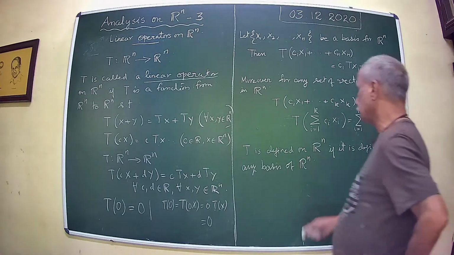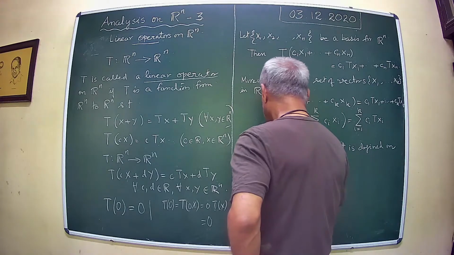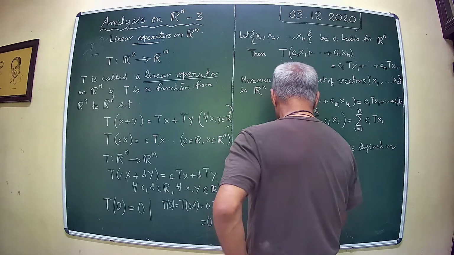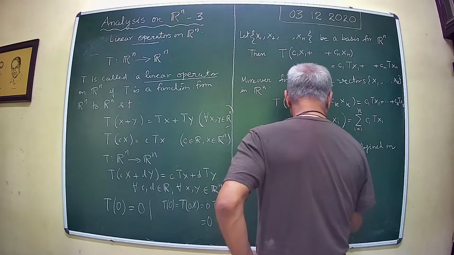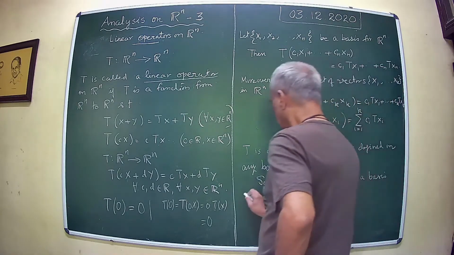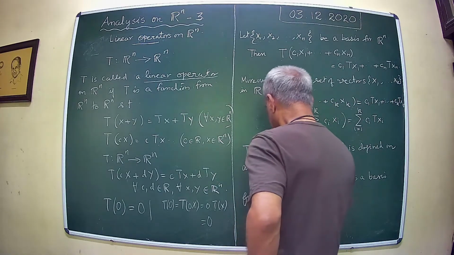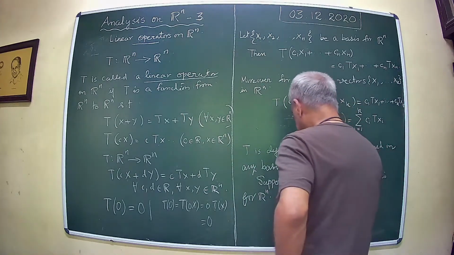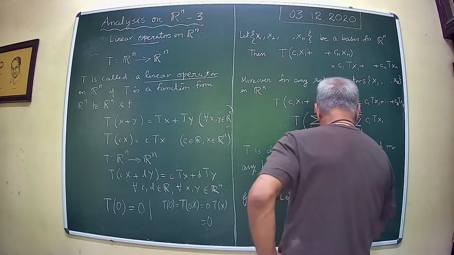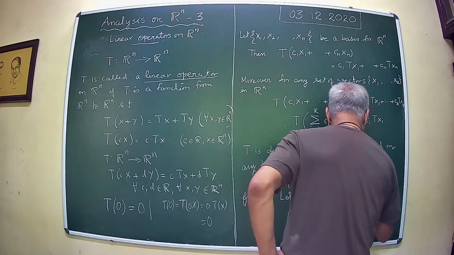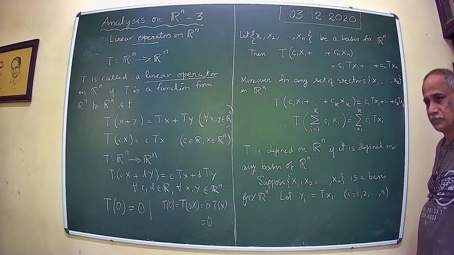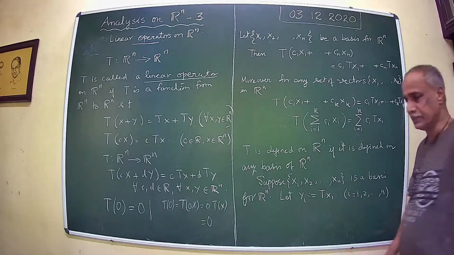It means that suppose x1 up to xn is a basis for Rn, and let yi be defined as T xi to fix what T xi is. Now T is defined on the whole space for every x.